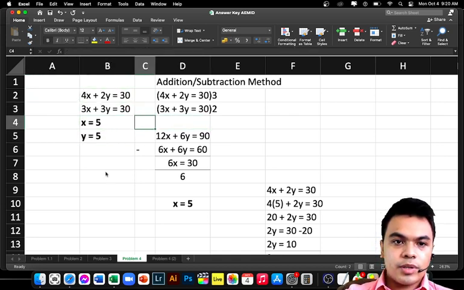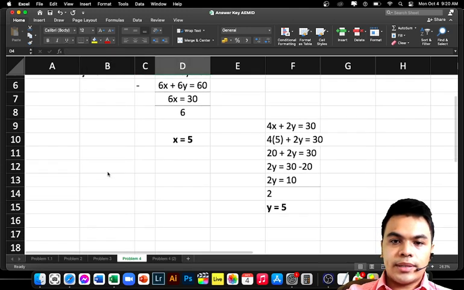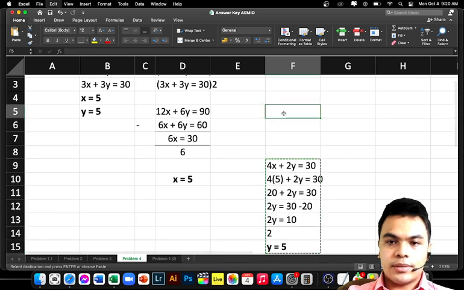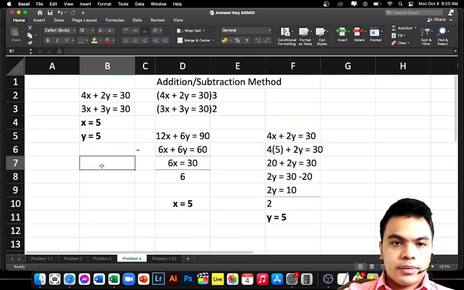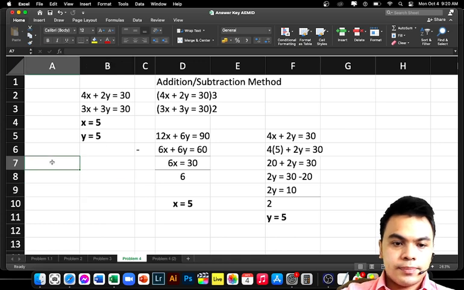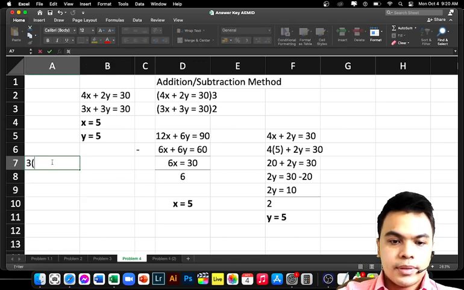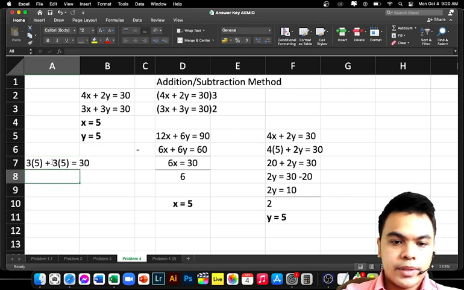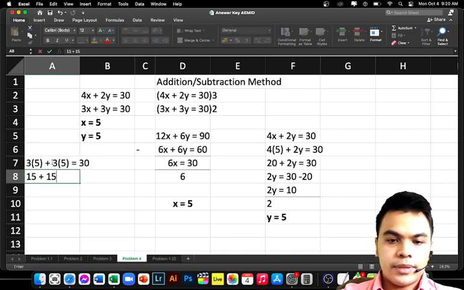Okay. So, let's double check. Let's use this second equation kung tama ba yung ating magiging sagot. Get lang natin to dito. Okay. Ayan, lagay natin dito sa gilid. So, 3 times 5 plus 3 times 5 is equal to 30. 15 plus 15 is equal to 30.